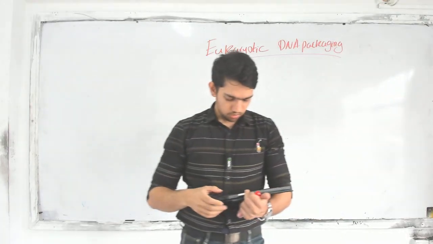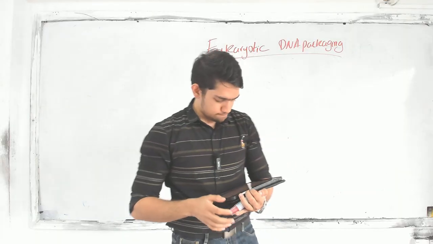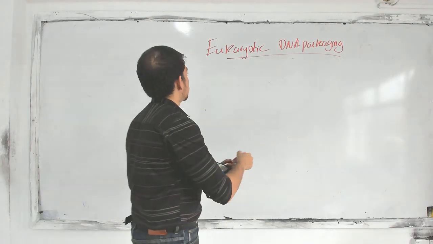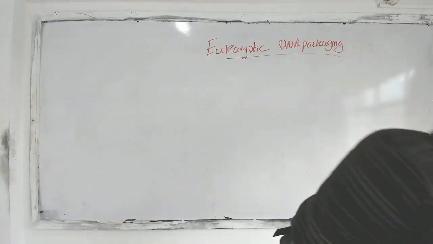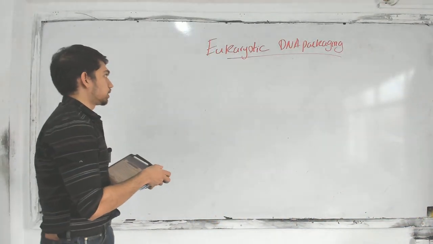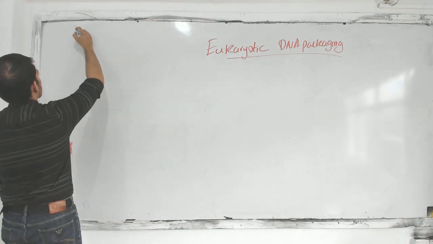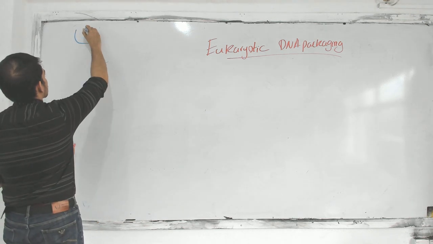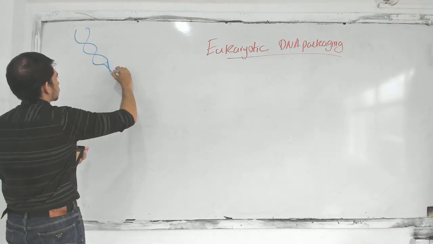Okay, right. So first thing is, we need to take our double helix and let's make chromatin first. So we are going to take our double helix like this, and it's getting smaller.